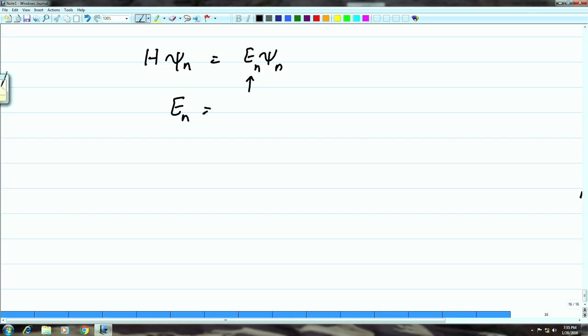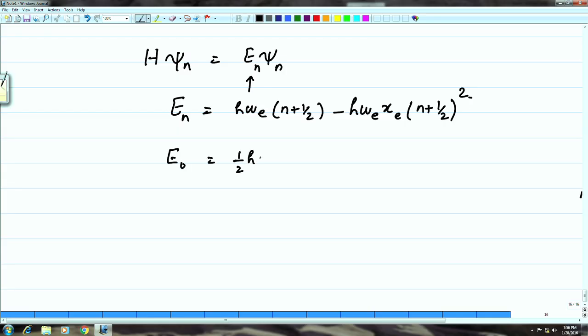E n is h omega e times n plus a half, and there is another term which contains a small constant called the anharmonic constant xe, but with n plus a half whole square. So you can see that the energy level E0, for example, is half h.